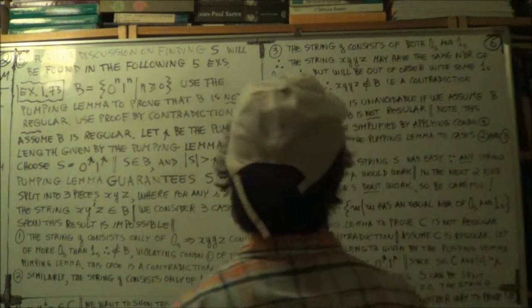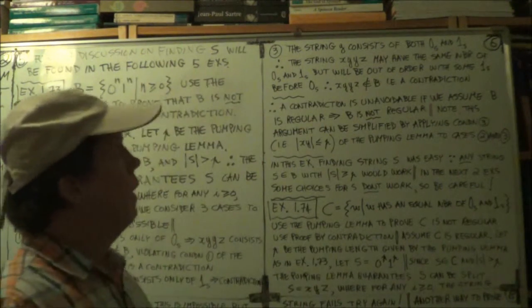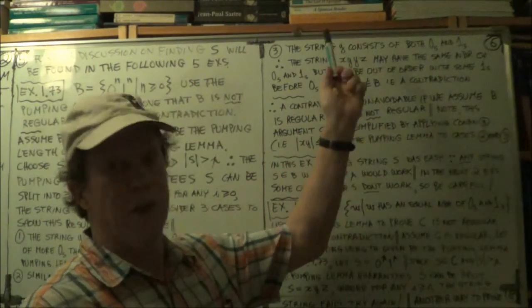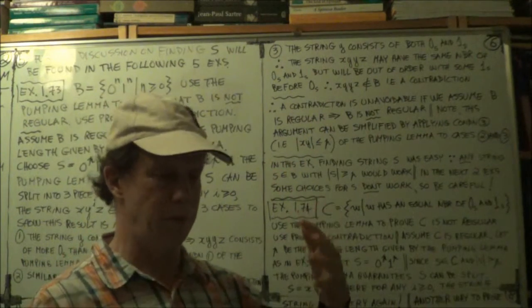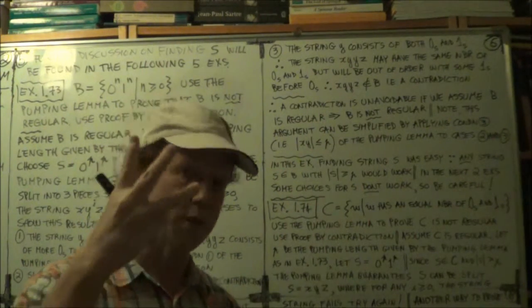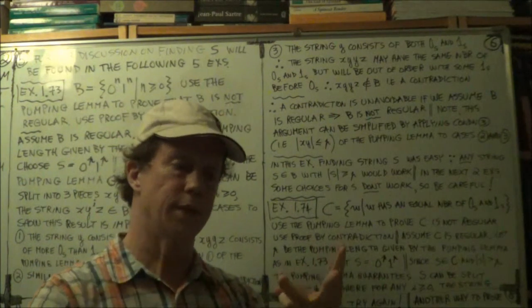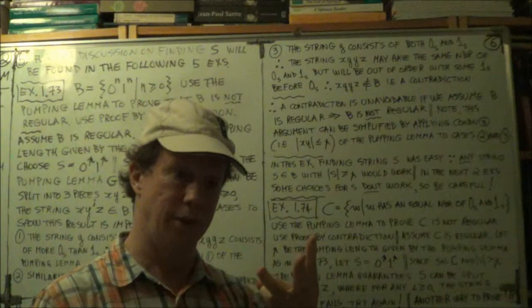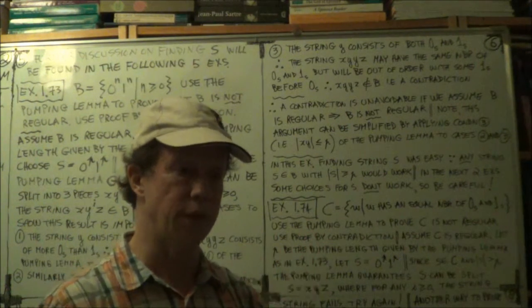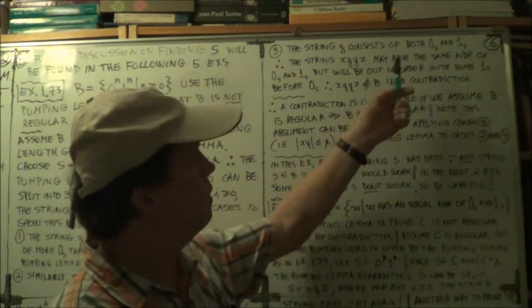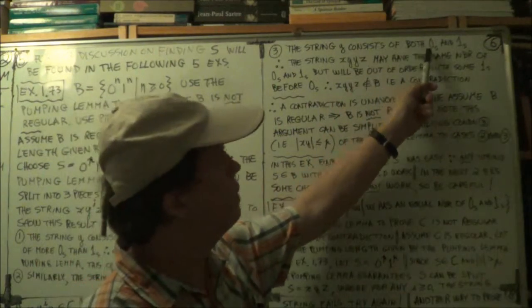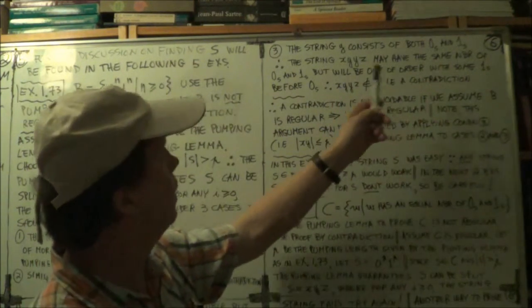Now, how about the third case? The third case was the one left over. Now your y, there are only 3 possible cases for y. They're all zeros, they're all ones, or there's a mix. Okay, a mix of zeros and ones. Now, this third case, so assume your y now consists of a mix of zeros and ones.